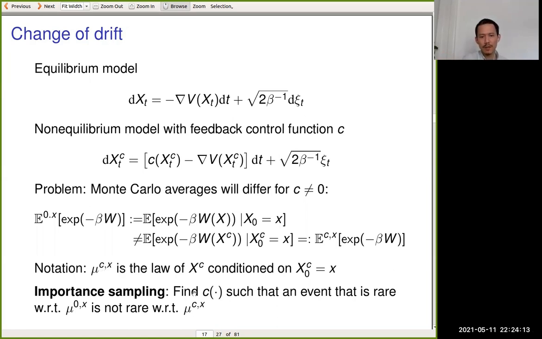We want to find a feedback control C such that some rare event that's of interest to us with respect to the equilibrium measure, mu^0_x, is not rare with respect to the non-equilibrium measure, mu^C_x. This is basically what importance sampling is about. If you want to do something with an original measure, but it's not efficient, change to a different measure and apply some kind of reweighting. Although we won't do importance sampling, the idea of importance sampling is important in what will follow.